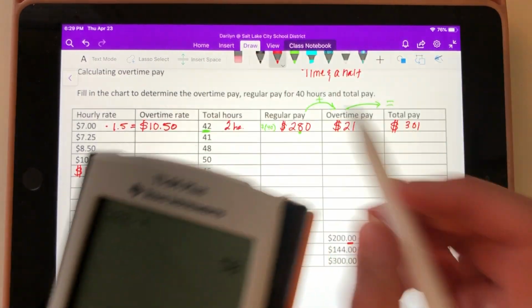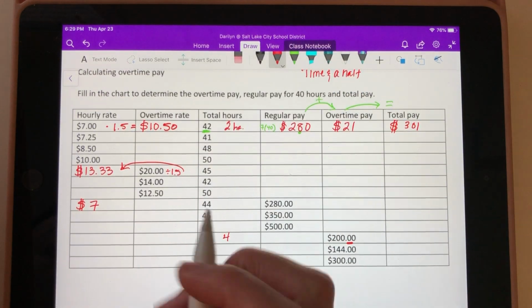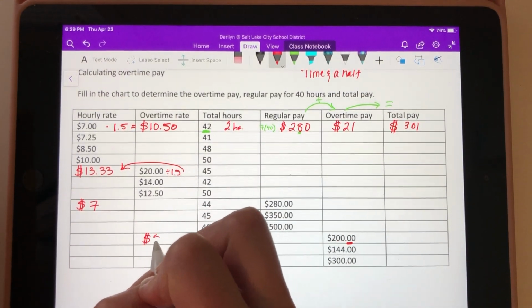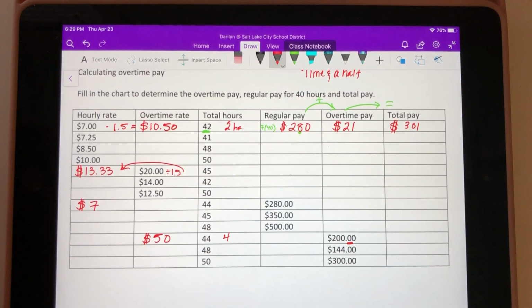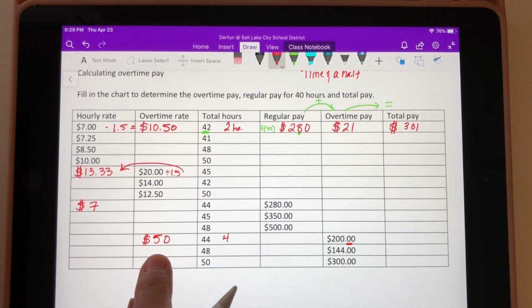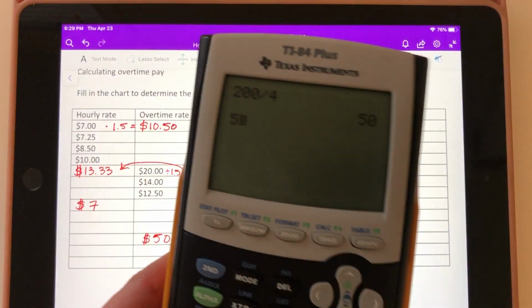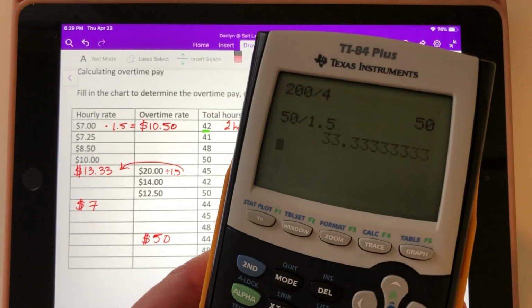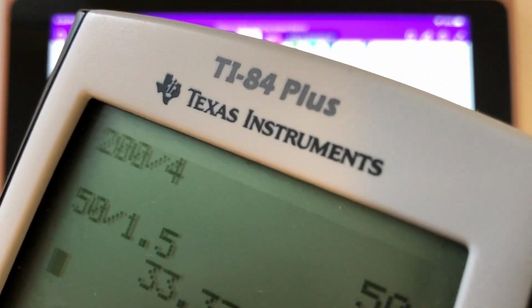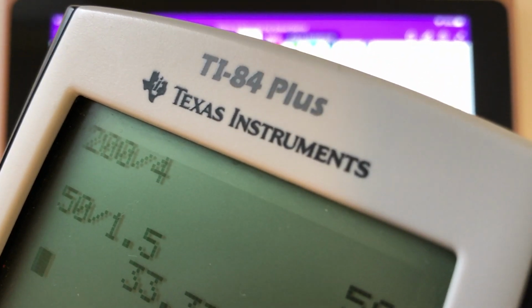That gives me 50. Holy cow, that means my overtime rate would be $50 an hour. That's sweet, okay? Then from here, to get your regular pay, you take 50 divided by 1.5, and that's $33.33 regular pay. Now you can continue calculating to fill in the rest of the table.